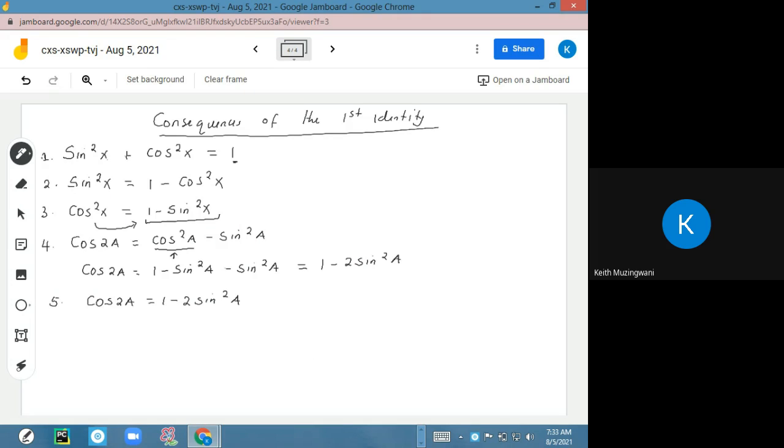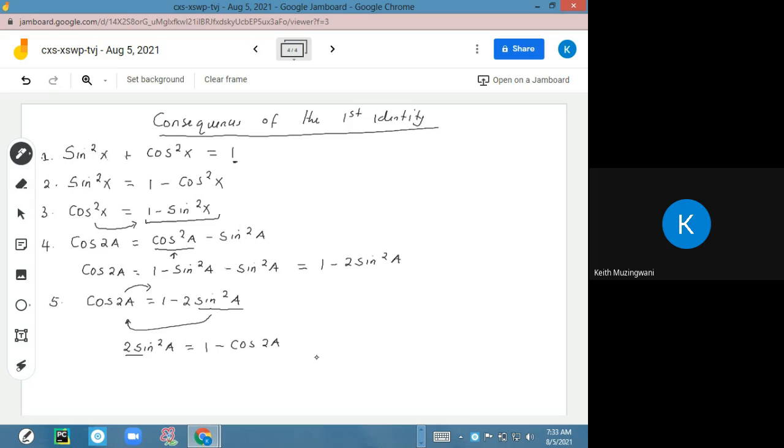Now from this one, if we solve for sine, we take this the other side: 2 sine squared a is equal to 1 minus cos 2a.